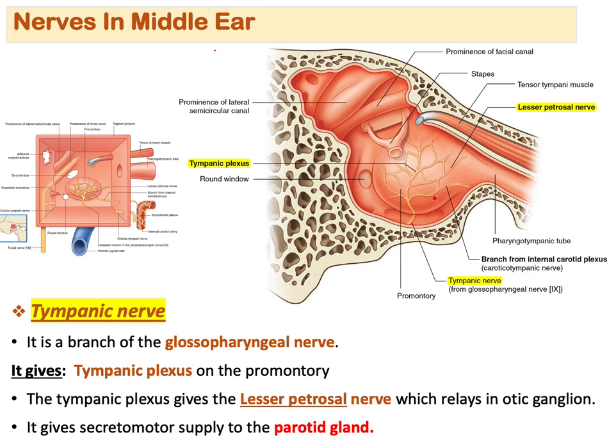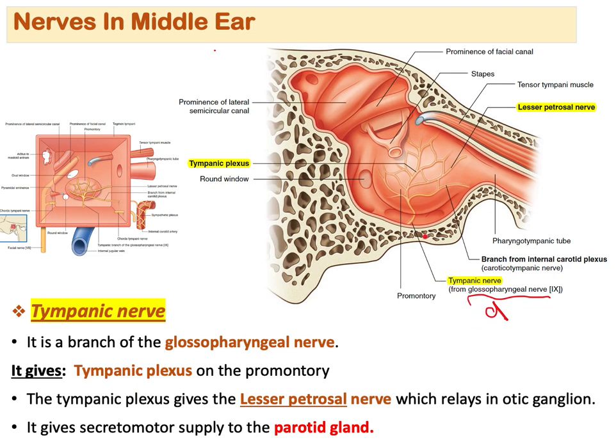Now you can see a kind of nerve plexus called the tympanic plexus. The tympanic plexus is formed from the tympanic nerve, which is a branch of the glossopharyngeal nerve, cranial nerve number 9, the same nerve that innervates the medial side of the tympanic membrane.